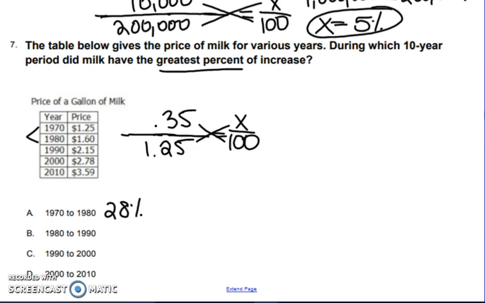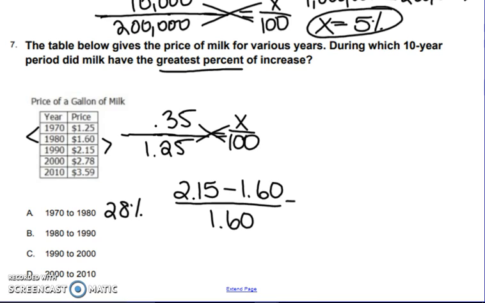Now I need to look at answer choice B, which says 1980 to 1990. So I have to create another proportion. In 1990 it was $2.15, and in 1980 it was $1.60. The largest of my two numbers is $2.15, and you're going to subtract the smallest. 1990 was the new price because 1980 is where we started, so we're going to put $1.60 there.